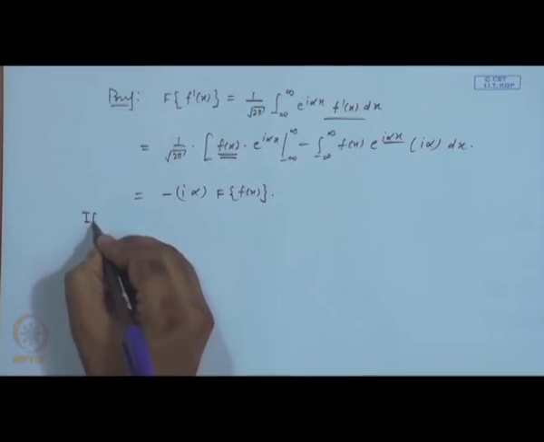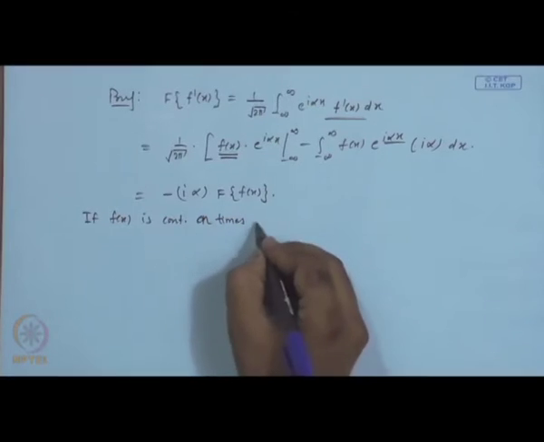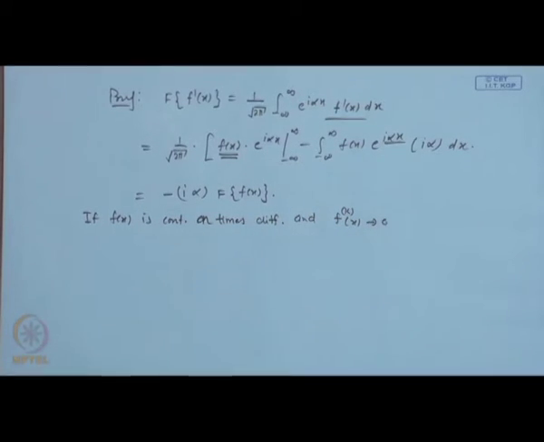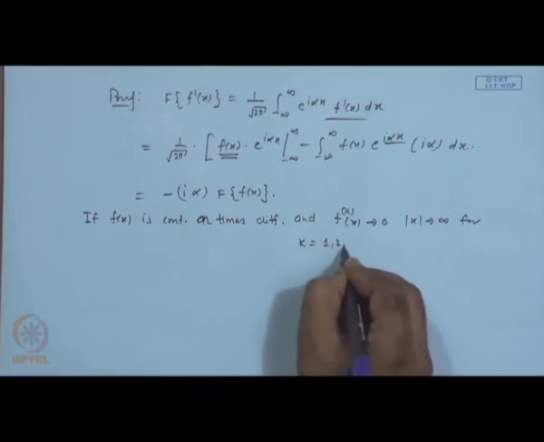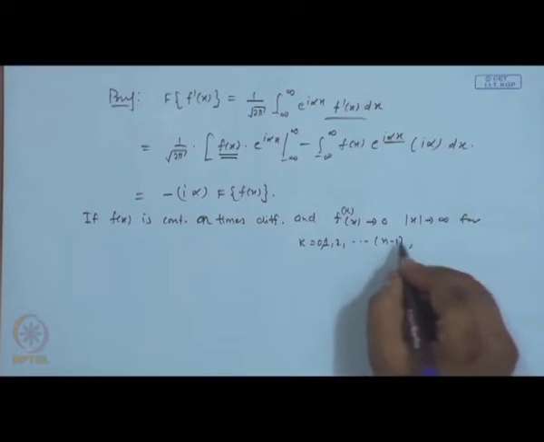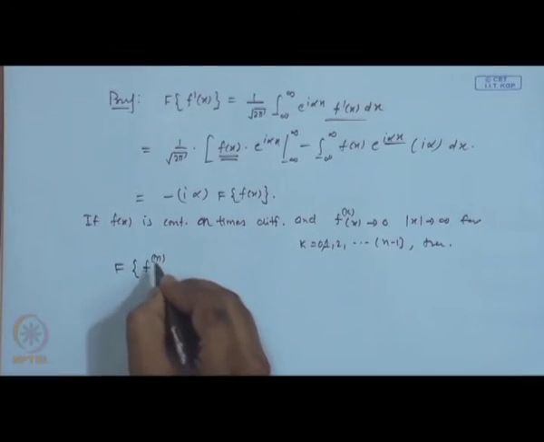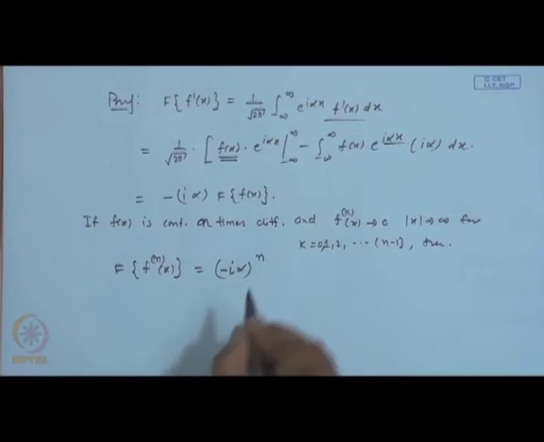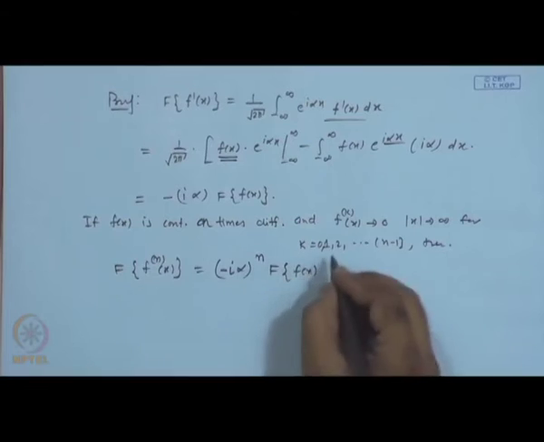If we have the generalized version of this: if f(x) is continuously n times differentiable, and the derivatives f^(k)(x) approach 0 as x approaches plus or minus infinity for k equal to 1, 2, up to n minus 1, and also for k equal to 0, so f(x) itself should go to 0 as x approaches infinity, in that case the Fourier transform of f^(n)(x) will be (minus i alpha)^n times the Fourier transform of f(x).